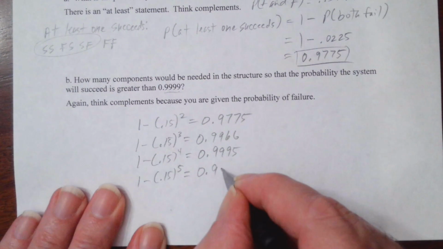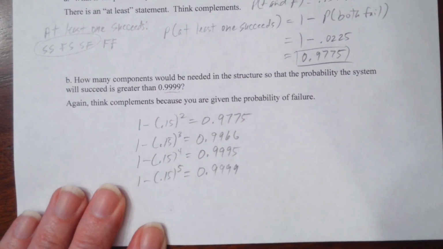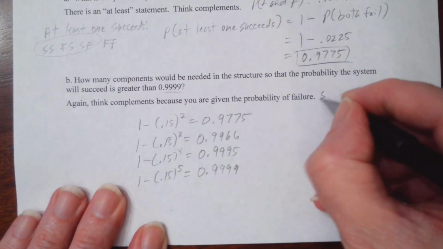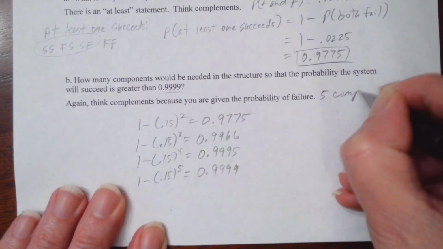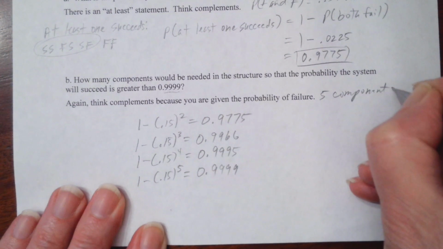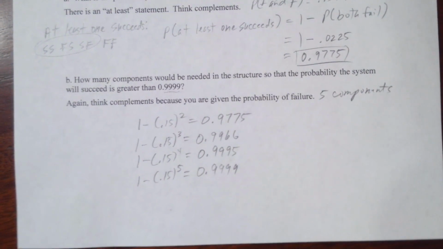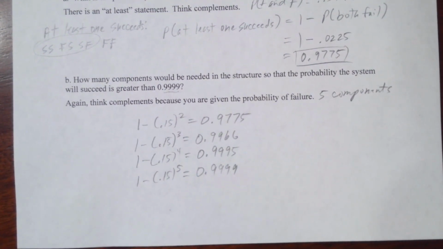And when you round to 4 decimal places, you should get 0.9999, which is what we want. So we would need 5 components. So basically you have 5 of those to ensure that if some of them fail, the system is still going to be successful.